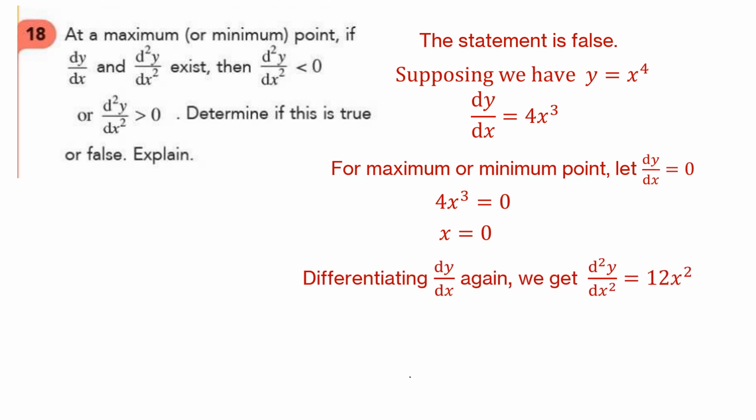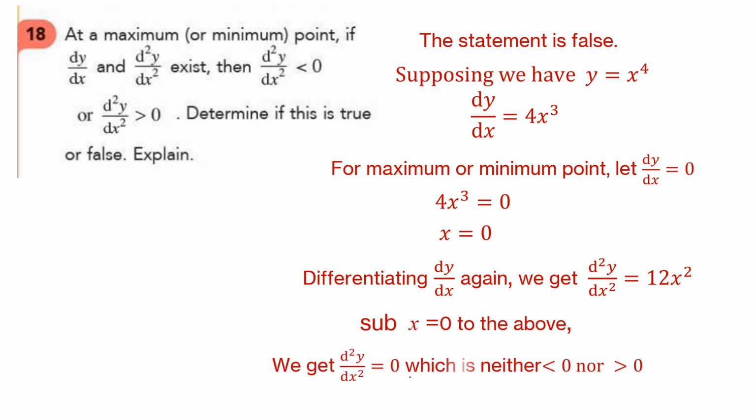If I substitute x equals 0, you see that I'm getting d squared y over dx squared equals 0, which is not what is said in the question, that it can only be less than 0 or more than 0. Because what I'm getting is equal to 0, it contradicts the statement they have said. So therefore, this statement is false.